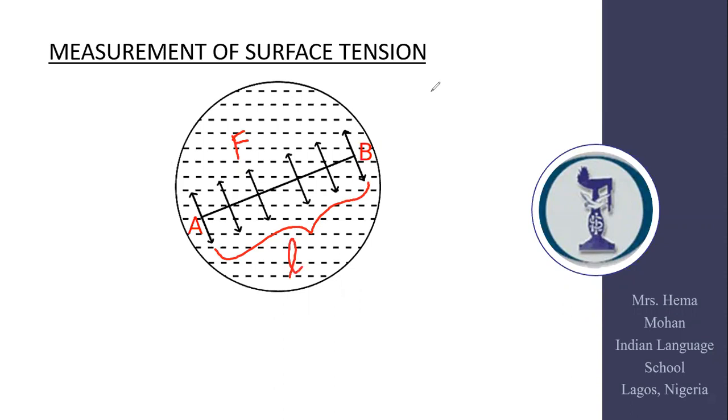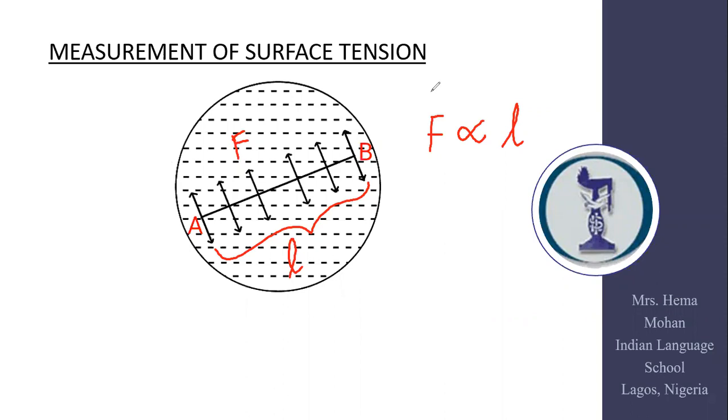Now, for a given liquid at a given temperature, this force, which is tangential to the surface and perpendicular to the line element under consideration, is always directly proportional to the length of the line element. I repeat, the force acts tangential to the surface, because it pulls tangentially outward. You saw it again in that experiment of soap film.